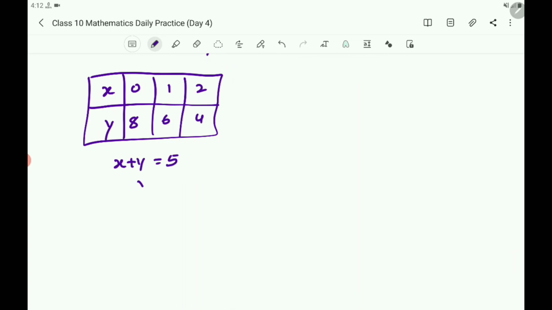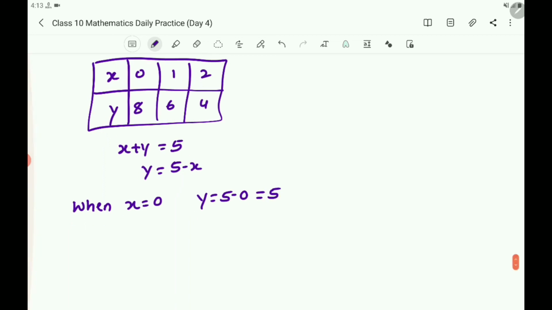Again you convert this into y equals 5 minus x. Then you take any values for x and get the corresponding value for y. When x equals 0, then y equals 5 minus 0, that equals 5.